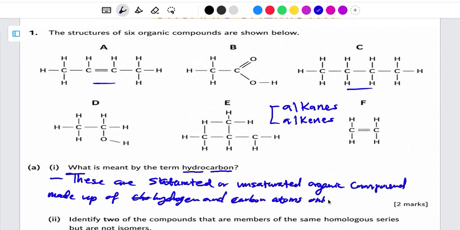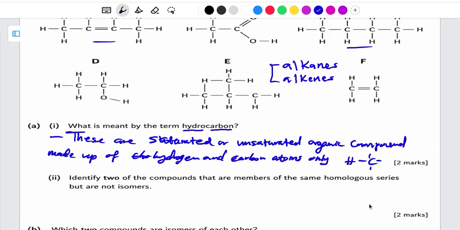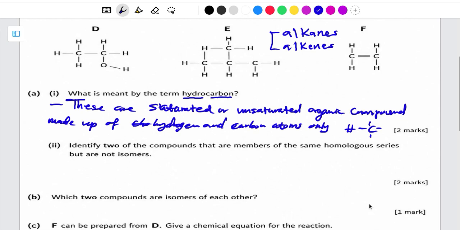In short, they are just made up of hydrogen and carbon atoms only. So that is what is meant by the term hydrocarbons.